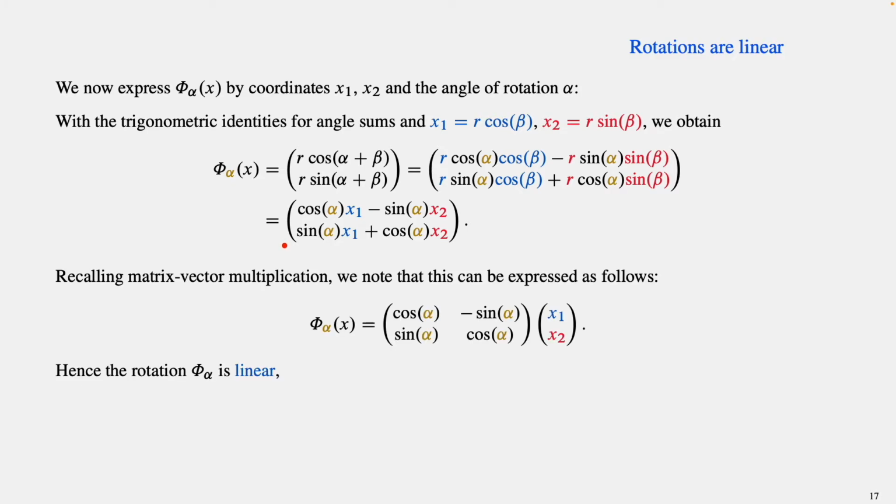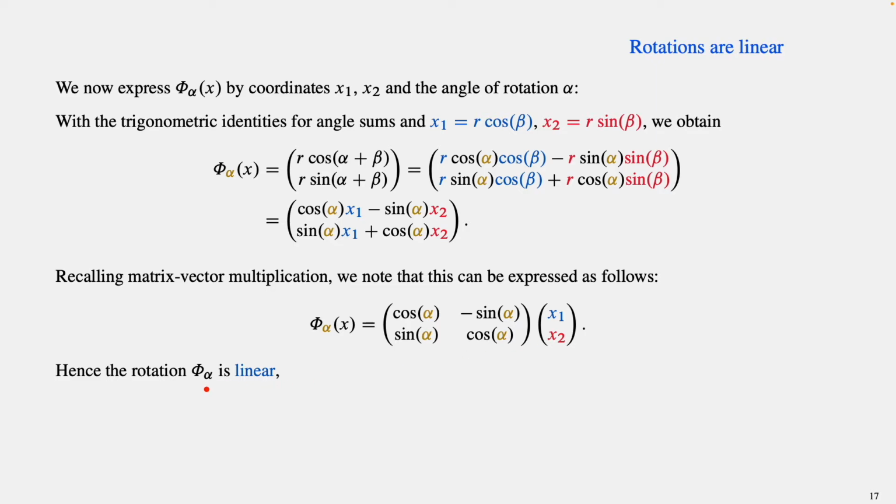If we take a close look at this and recall the formula for matrix vector multiplication, we note that we can in fact express our rotation as follows. phi alpha of x is the matrix with entries cosine alpha, minus sine alpha, sine alpha, and cosine alpha, multiplied by the vector x with entries x1 and x2.